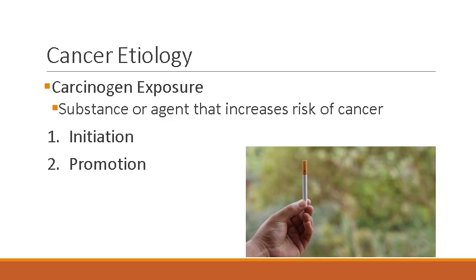And promotion is when there's repeated exposures to carcinogens. And those repeated exposures cause the cells to mutate. So think of someone that's exposed to secondhand smoke 2 times versus someone that's exposed to secondhand smoke for 10 years, okay? The cell response and likelihood for that promotion to occur is going to be much higher for that individual that has a longer, more frequent exposure.